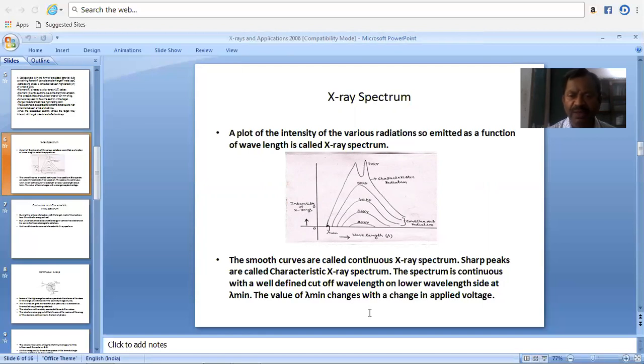The spectrum is continuous with a well-defined cutoff wavelength on the lower wavelength side at lambda minimum. This is lambda minimum, as shown in this diagram. The value of lambda minimum changes with the change in applied voltage.